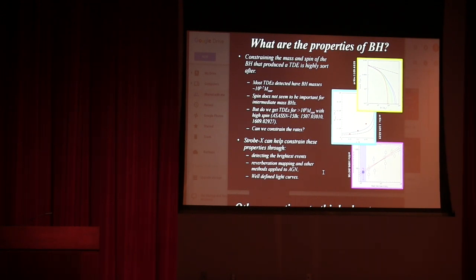It is a very bright transient, and because STROBE-X is really good at detecting bright transients, STROBE-X could probably start constraining the rates of these really unique events, from very high mass black holes, as well as black holes of the whole population, by applying the various things you apply to AGN to these tidal disruption events as well.